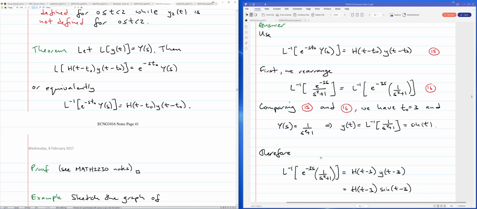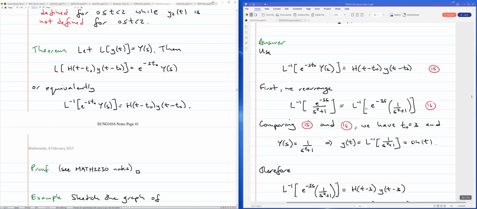Okay, so one more time. When you're using this type of formula for Laplace inverse, the first thing you need to do is identify the big Y of s, and rearrange it if necessary so that you can identify it. The big Y of s is 1 on s squared plus 1, right? And then from this big Y of s, you take the inverse Laplace transform of it to get the small y of t, which is your sine t in this case.